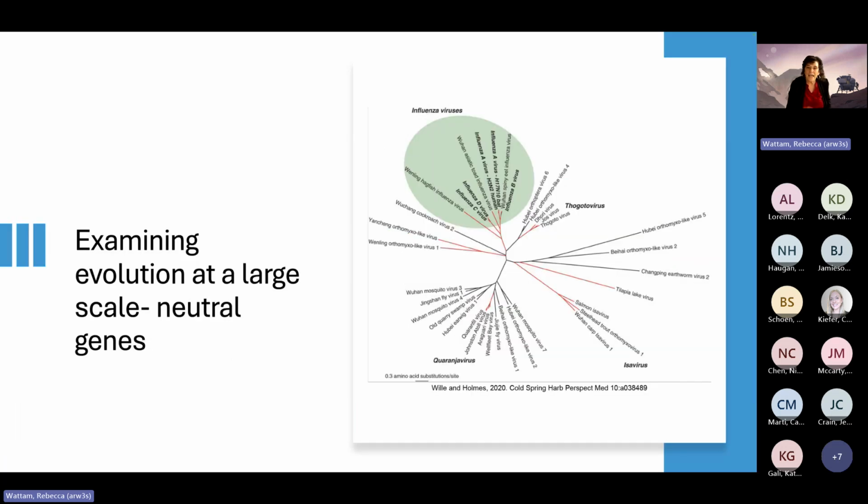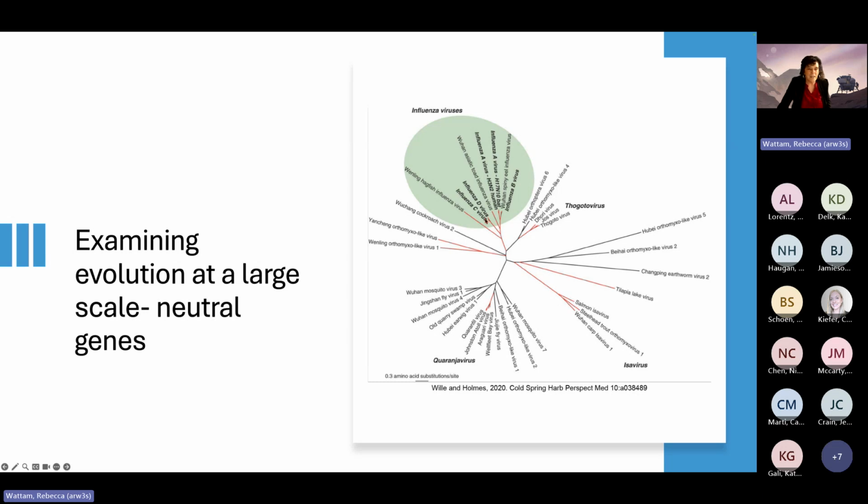So if you're looking at things on a large scale, like this is overall with influenza viruses and other orthoviruses, you want to use the neutral genes to look at that. And here's where the influenza viruses branched off from these guys, the orthomyxoviruses at this point. So you don't want to do that with the hemagglutinin gene.